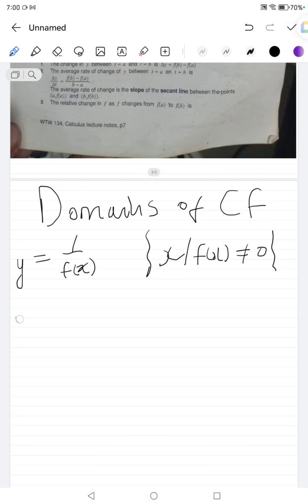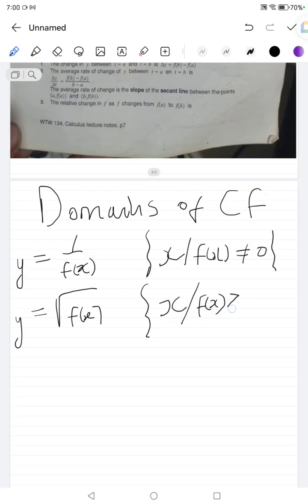Then the second one, you would have something like the square root of f of x. Remember, your f of x can represent any number. So now you're going to have x such that f of x should be greater than or equal to 0, or whatever you have this side is going to be undefined.